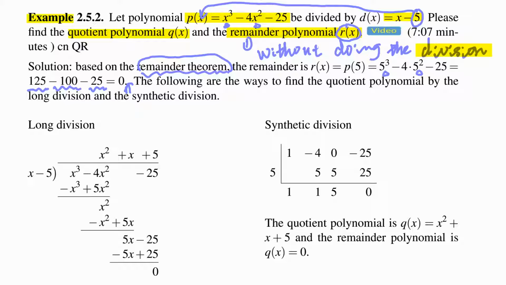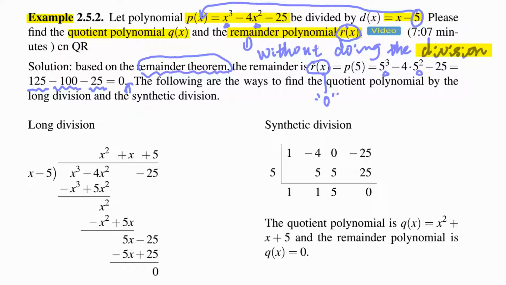So from the remainder theorem, it's quite fast to get the remainder without doing the division. And in this case, it's very special for our remainder, which is 0. Remainder 0 is a very special value.